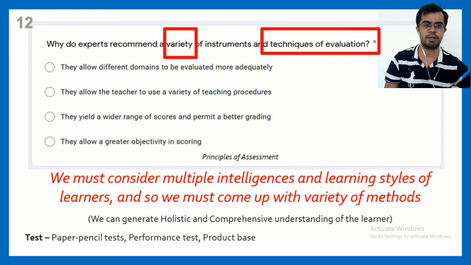Let us also remember that test is not limited to paper and pencil test only. This can be in a form of performance test, product-based, and even oral questioning. So to answer question number 12, the answer is letter A. They allow different domains to be evaluated more adequately.